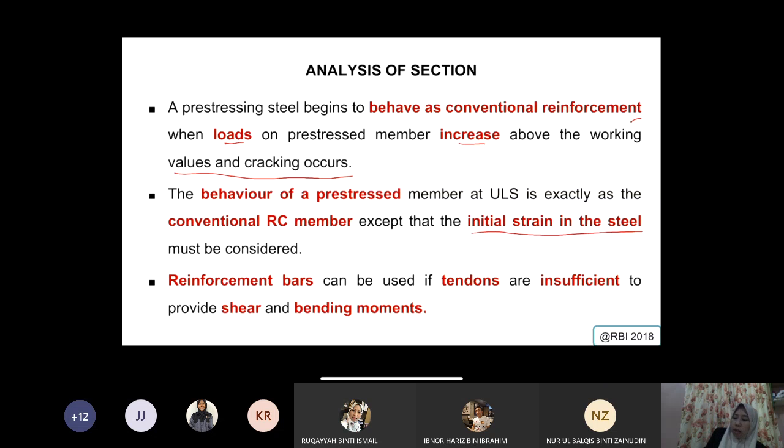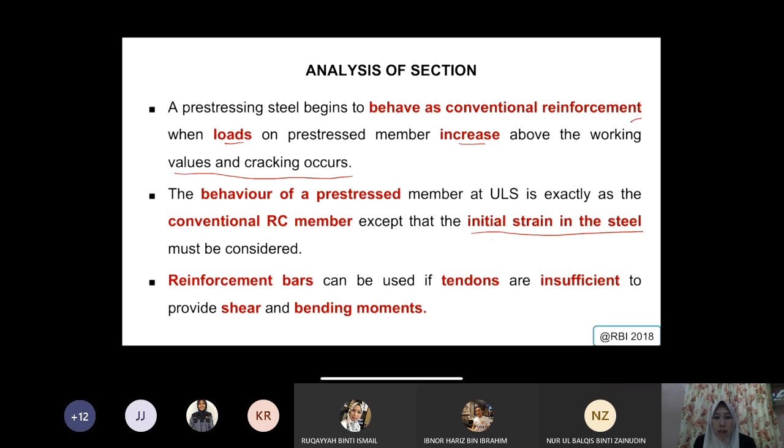When you designed your RC member last time, especially using the stress block, it's the same procedure, except that for pre-stress you have initial strain. Why? Because your tendon is being pulled, so it has already moved, and has an initial strain.